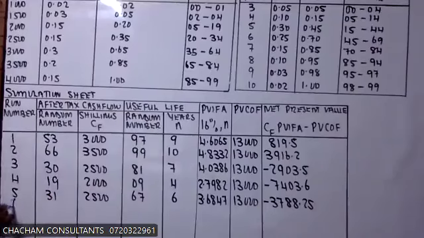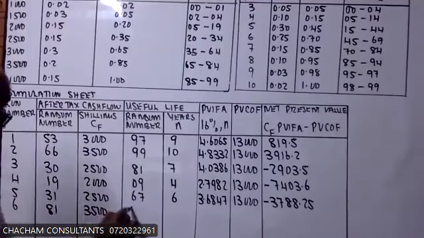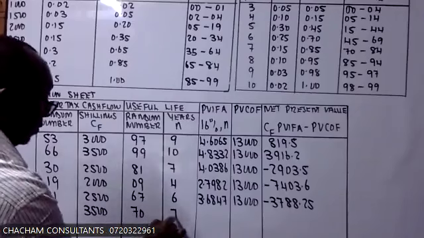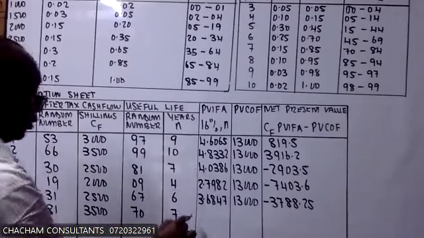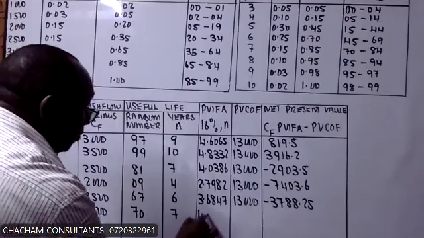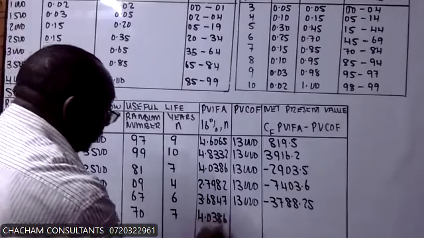So we go to number 6. The random number is 81. So 81 is here for 3,500. Followed by 70. So 70 is there for 7 years. So 7, this one we had already read: 4.0386. We had that.